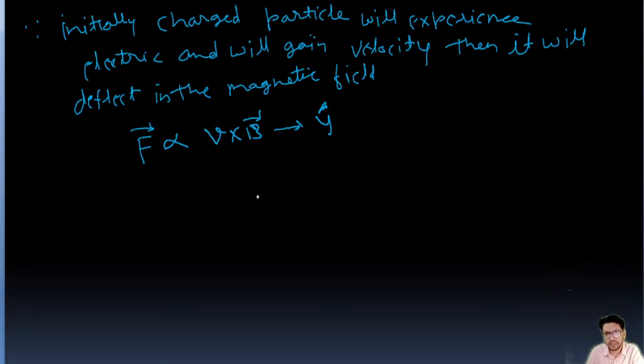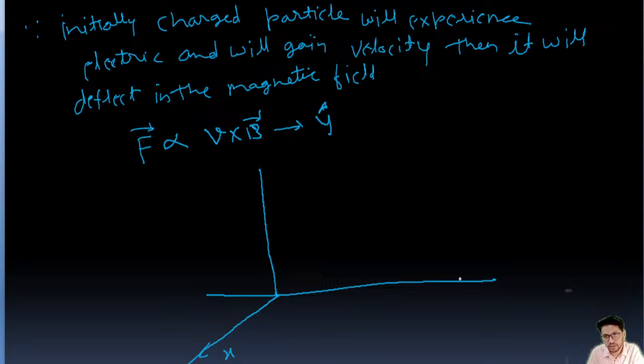I'll explain it by figure. This is the x direction, this is the y direction, and this is the z direction. The electric field is here towards the positive z direction, and the magnetic field is toward the positive x direction.